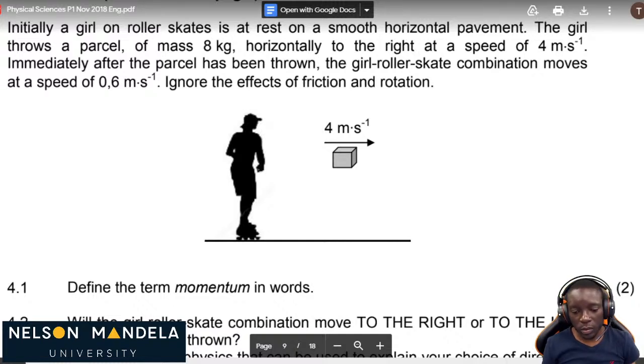I think we have proper sound production from this end. So the definition of momentum. How do we define momentum?